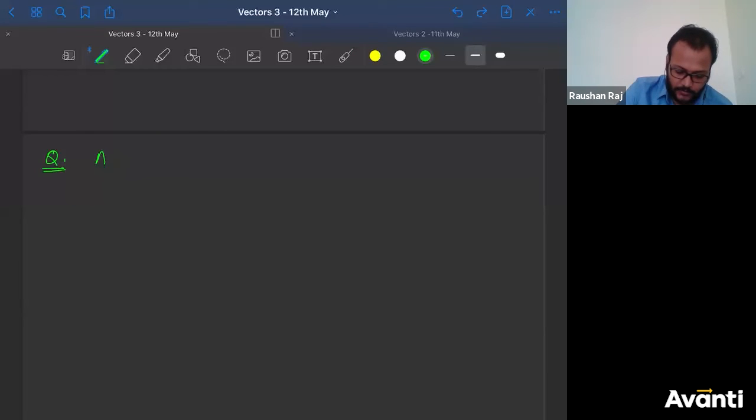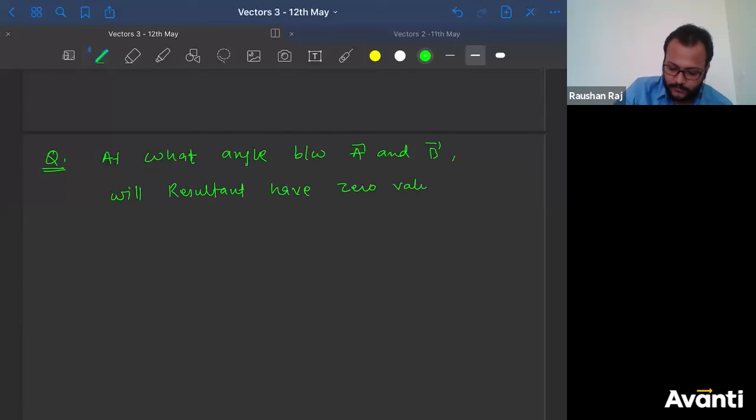Now next question. At what angle between vector A and vector B will resultant have zero value if A is equal to B?